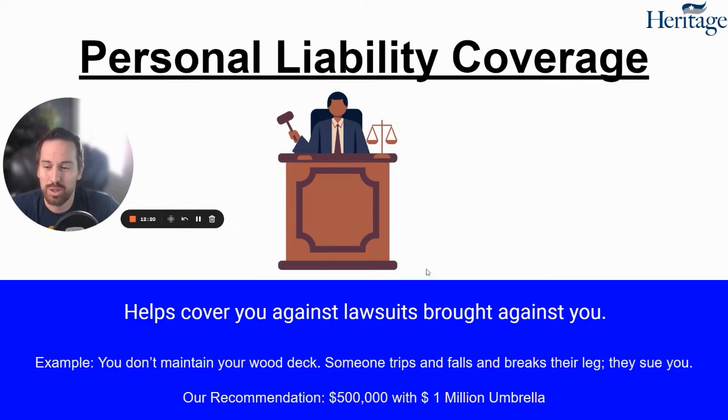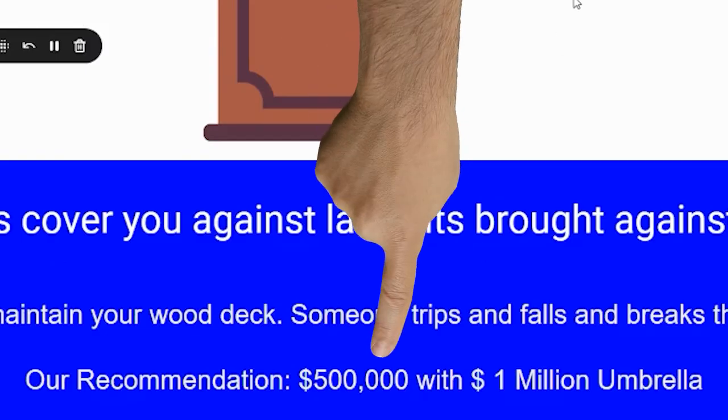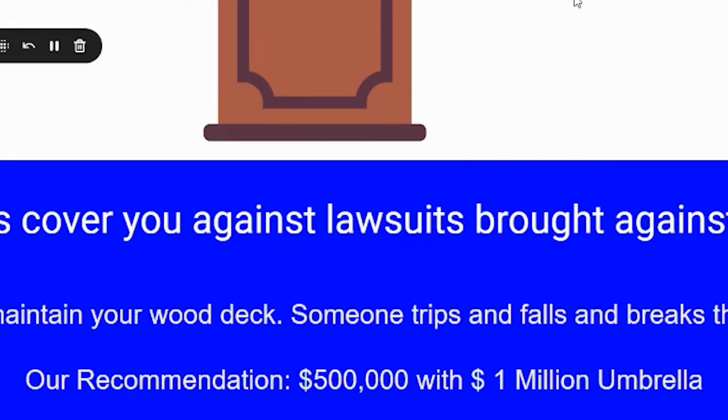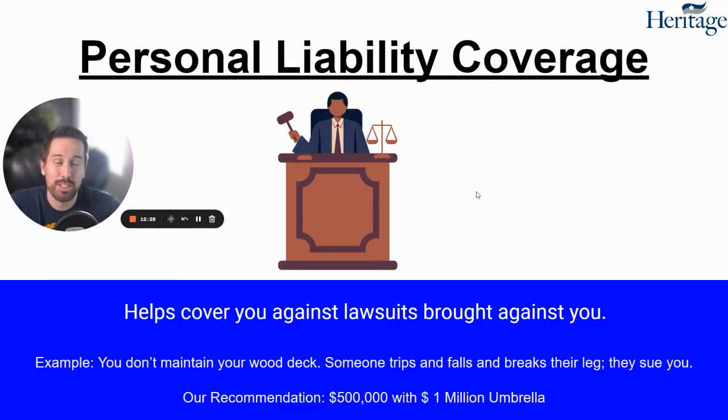You want to go to, you can see down here, our recommendation is $500,000. And here's the crazy thing, to bump it up from $100,000 to $500,000, we're talking very, very minimum premiums. It's probably only going to add $4, $5, $6, $7, $8 a month to your premium to bump that up from $100,000 to $500,000. And then on top of that, we recommend a $1 million umbrella.